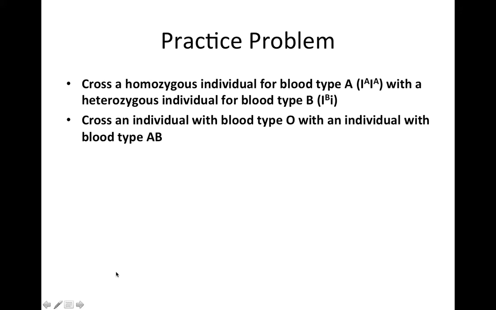Okay, so let's practice with our Punnett squares. So we're going to cross a homozygous individual with blood type A with a heterozygous individual for blood type B. So that's our first Punnett square. Maybe pause it here, try doing this on your own, and then you can come back and check your answers.